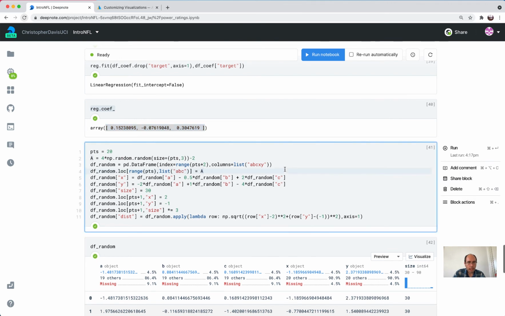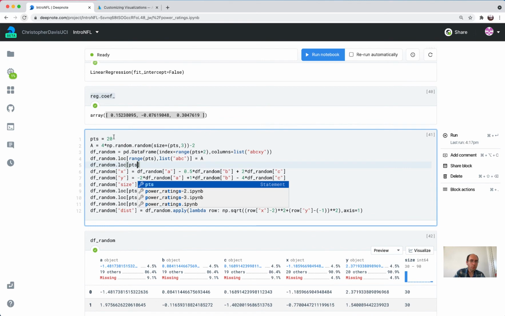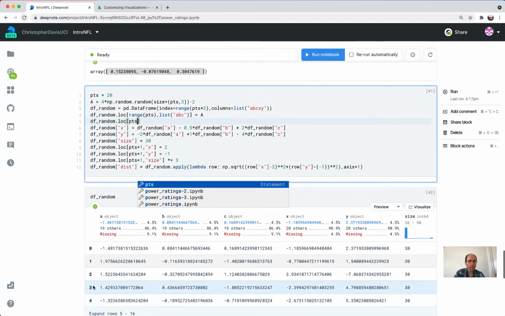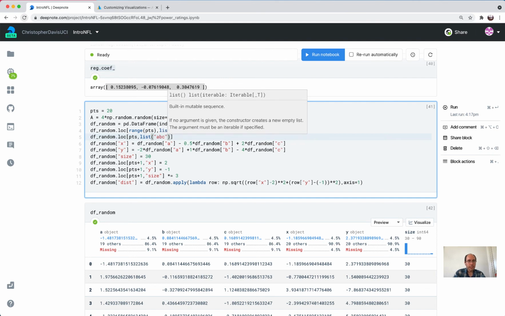So let's see, where should I put this? I guess I want to put it up here before I define X and Y. So let's say df random.loc points. For example, here points was 20, and I'm trying to put it into this second to last row, which has index name 20. And here's what I want to put in the ABC column.